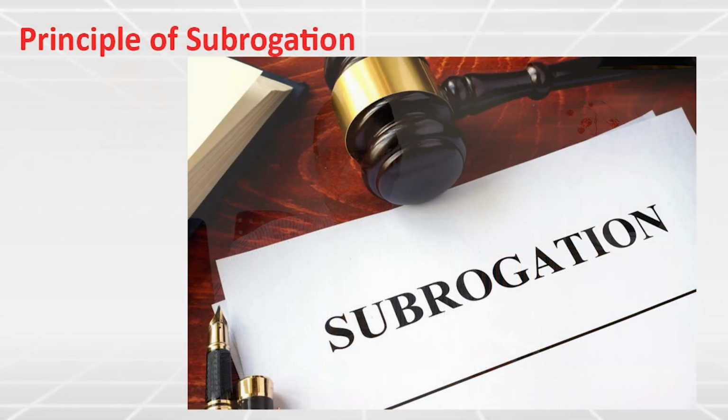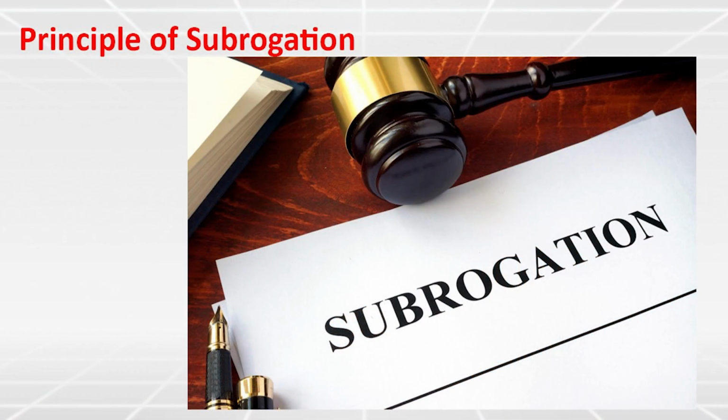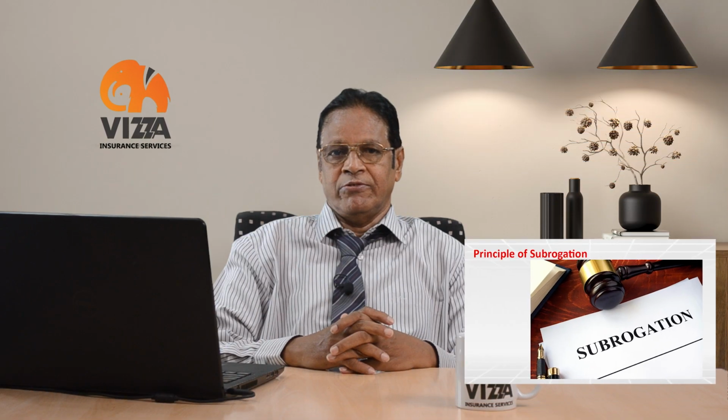The next important principle of insurance is called the principle of subrogation. We can understand this by considering a simple example. Let's say you have a house, and you have covered the house, including the compound wall, for risk.